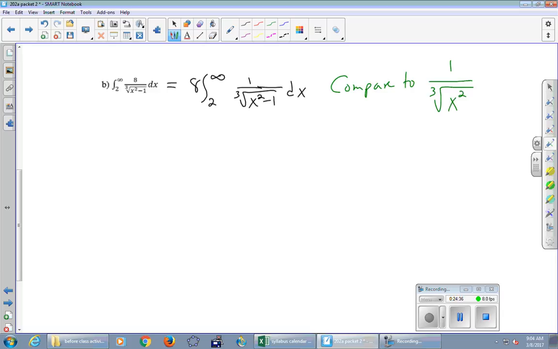I've got an x squared. What have I done? What have I ignored? The minus 1, right? And again, it feels kind of wishy-washy to just ignore minus 1. But if x is really huge, and that's where the problem is, right? When x is really huge, subtracting 1 from x squared makes hardly any difference, right? Talking about the difference between like 1,000,001 and 1,000,000. It's pretty much the same thing.